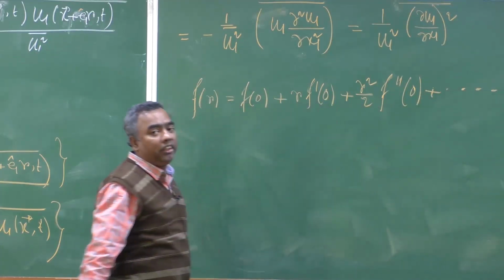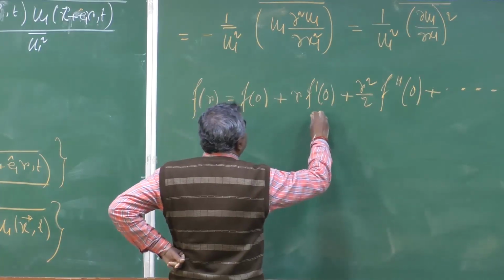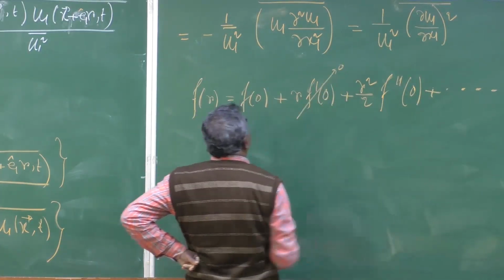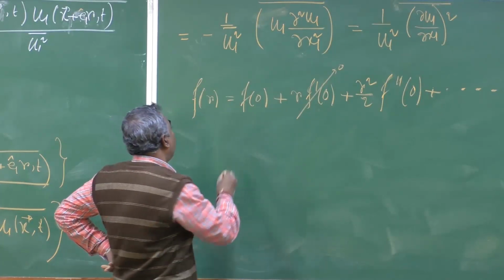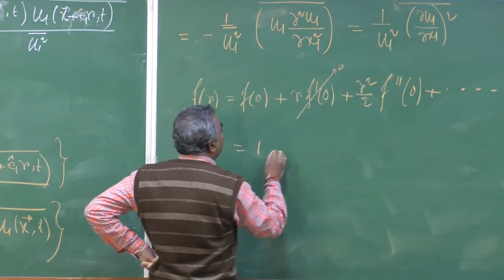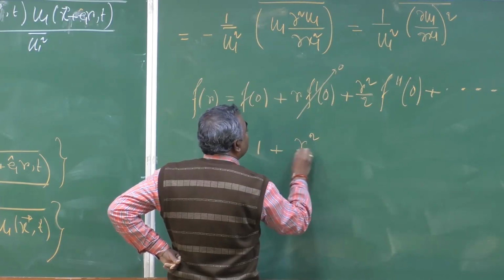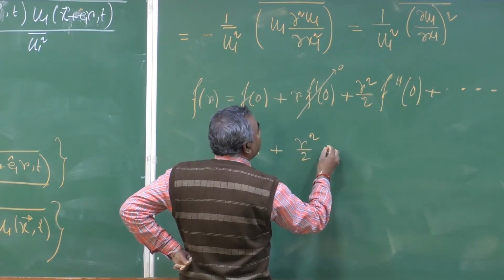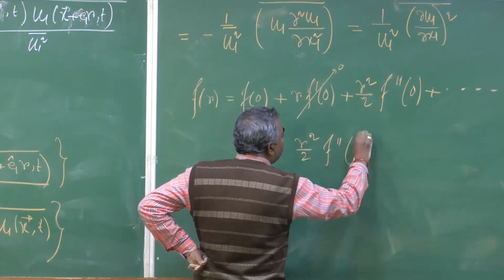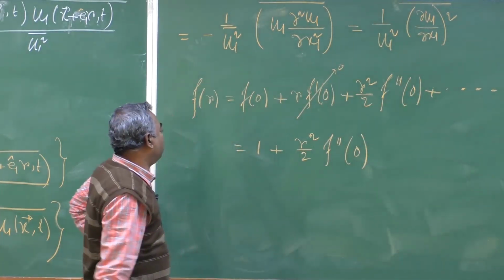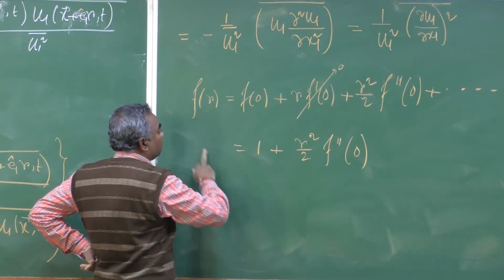This is from the Taylor series. Okay. So, since this correlation function is symmetric, this is 0, f of 0 is equal to 1. So, that means this is 1 and this is plus r square by 2, truncating all other higher order terms. Okay. We can write expanding f of r around 0, this is what we have got.